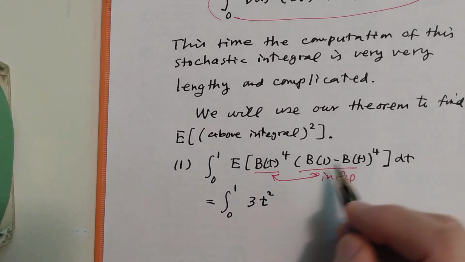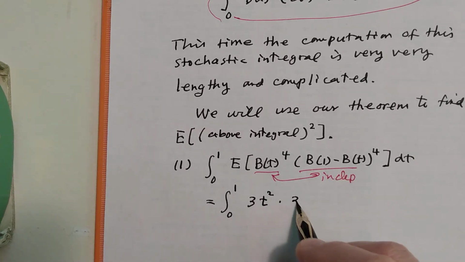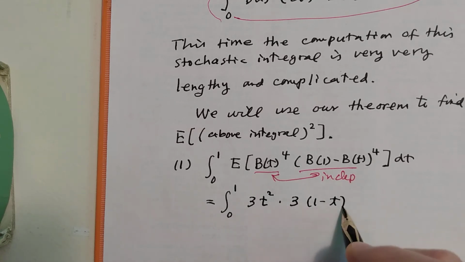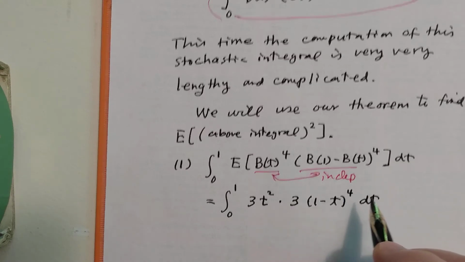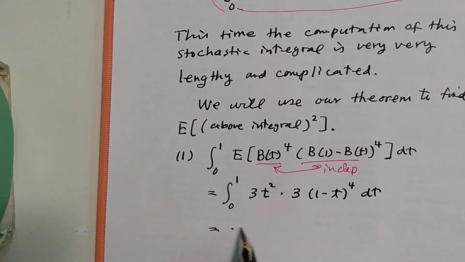And the expectation of the second factor is 3 times (1 minus t) squared dt. And you can easily compute this to be 3/10.